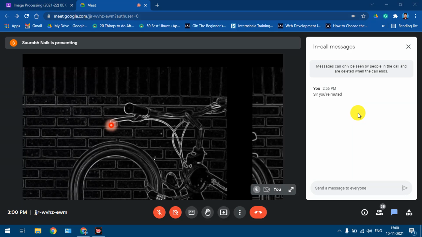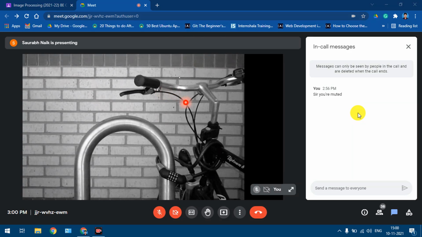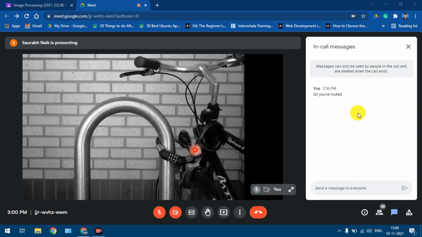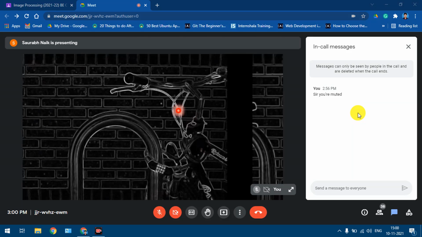The difference between the background, this white brick wall, and this brake lever becomes very bright. Same thing with the brake cables going through over here, as well as this handle and the frame of this bicycle. All of these are very bright, and the only gray levels or very dark ones are the pixels which have the same intensity values as their neighbors. That is going to be the output of your gradient image.